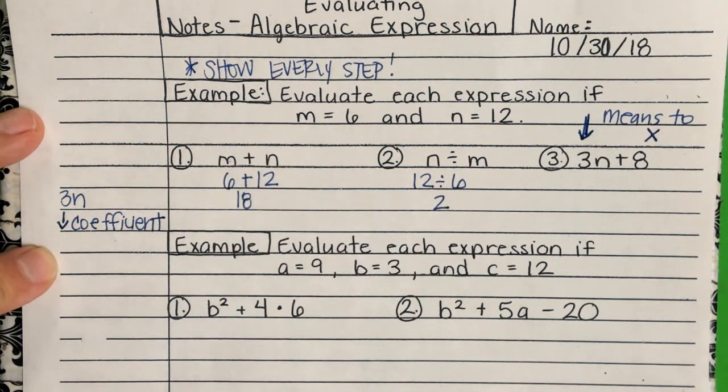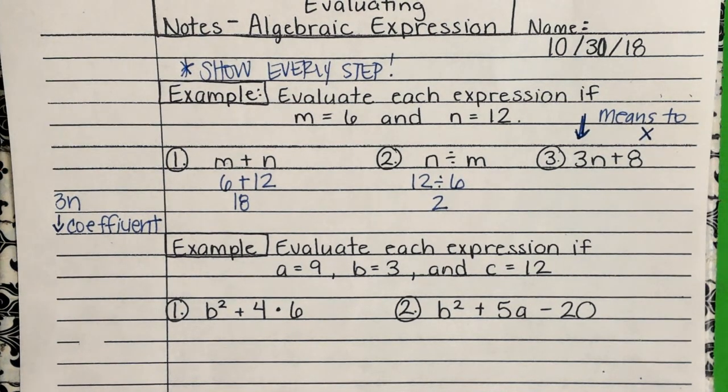Think about what the word co means. If you have a co-worker, it's like your partner, okay? If you're cooperating with somebody, yeah. So that prefix co means to be with. So that coefficient is always with a variable.